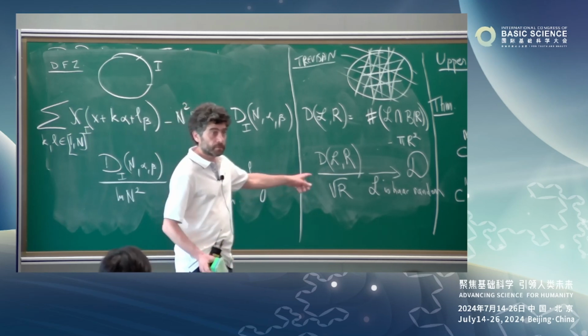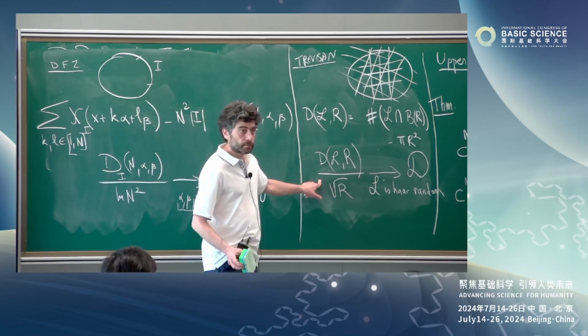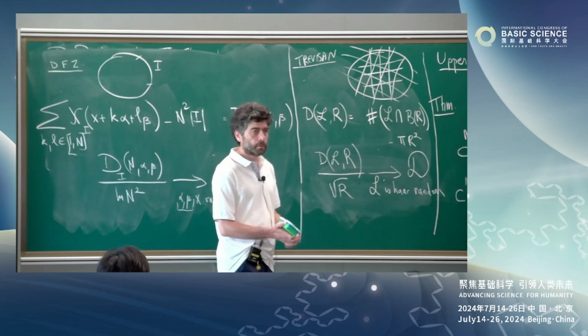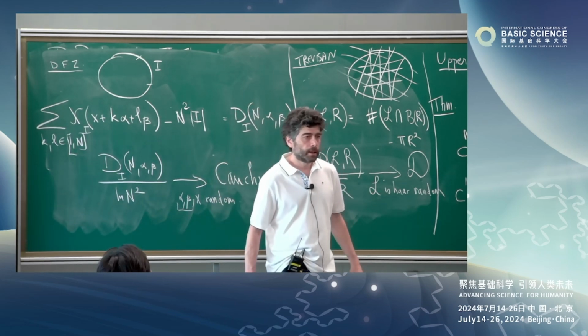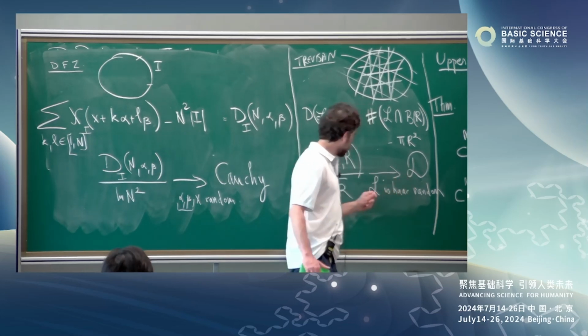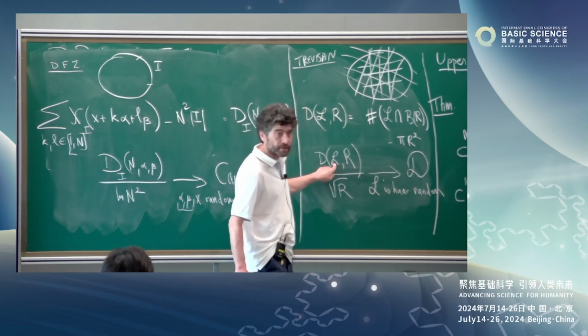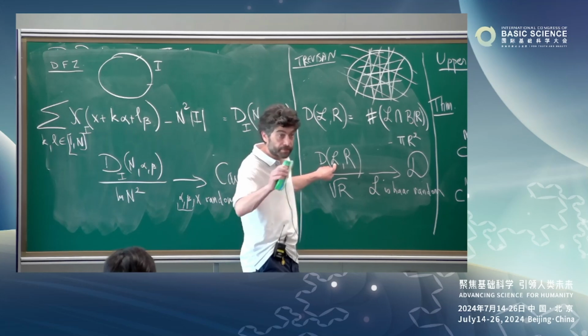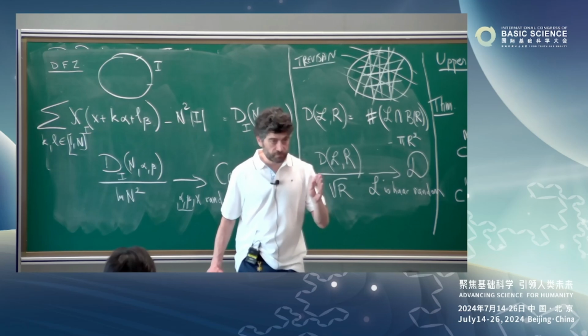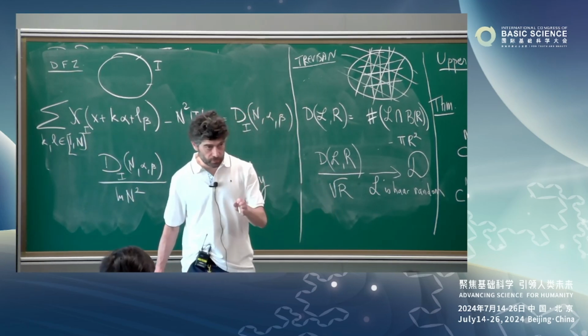It's surprising. If the lattice is distributed according to Haar measure, the distribution will have only a moment of order 1 and no higher order moments.